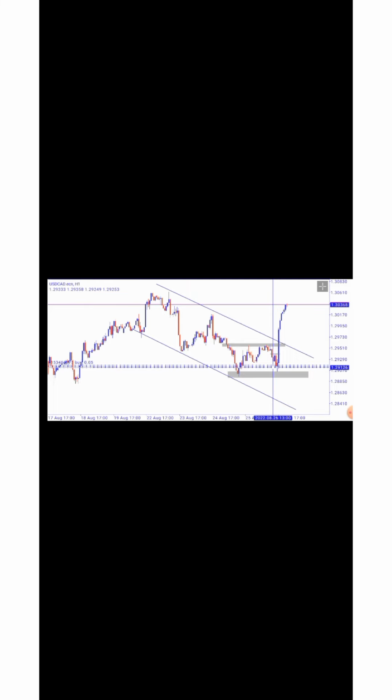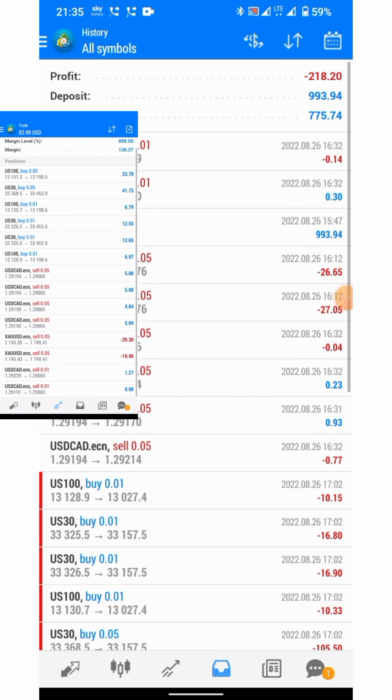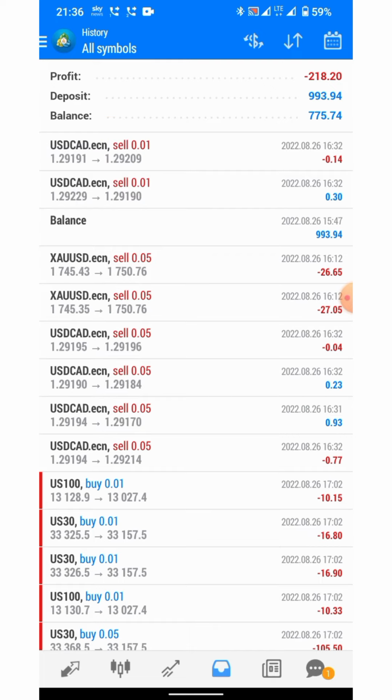But at the time I was selling USD CAD, I was also selling gold, which is totally wrong, because gold and USD CAD are correlated pairs, and you cannot trade correlated pairs against each other at the same time. You cannot be selling gold and selling USD CAD at the same time.